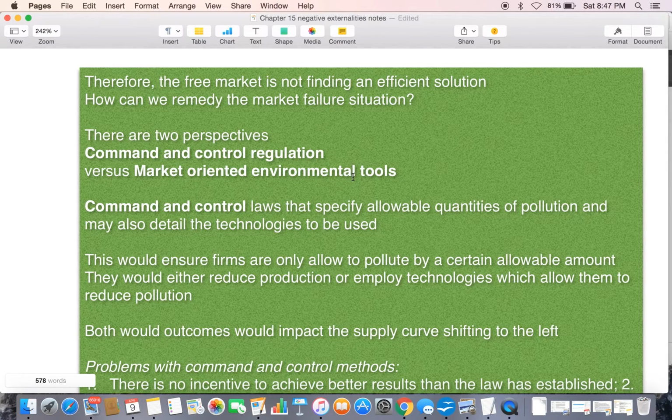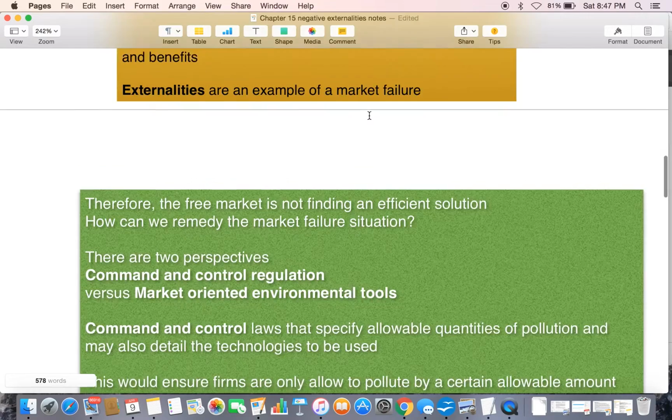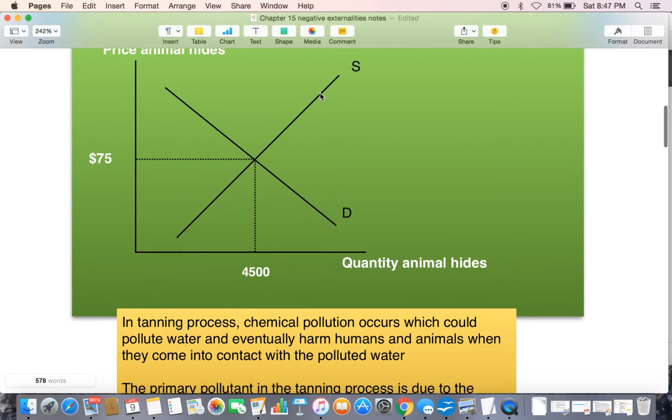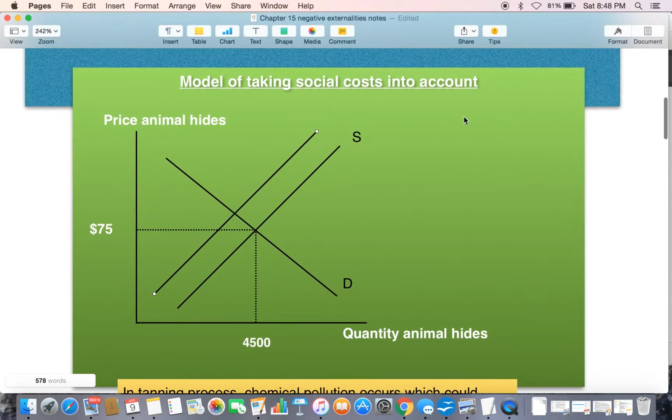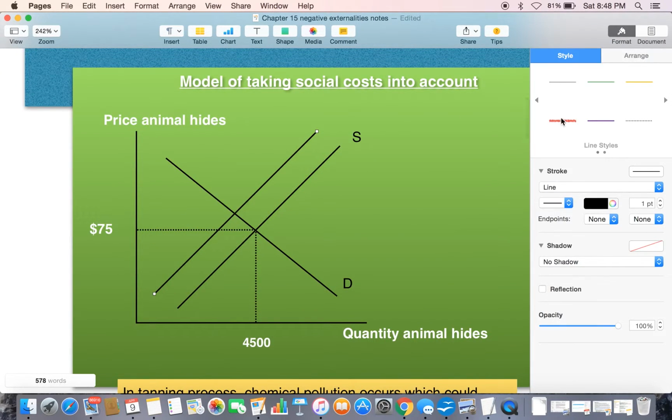If firms are going to be reducing production, which by reducing production reduces the amount of pollution, we know this would shift our supply curve to the left. And why would this shift our supply curve to the left? Because the supply for the industry is simply the supply of all of the individual firms.